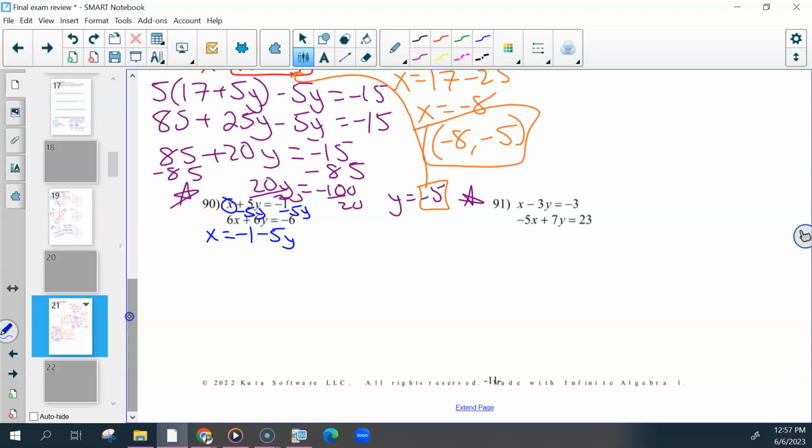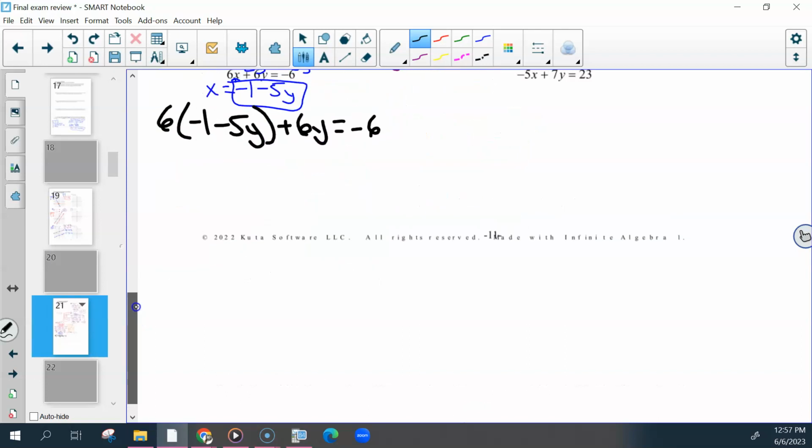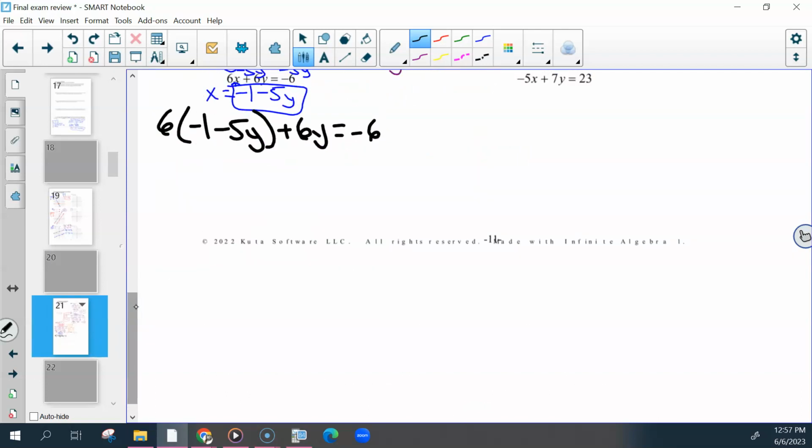Taking that equation, putting it back into the other, where x is. 6 times negative 1 minus 5y plus 6y equals negative 6. Distribute, start to solve for y.